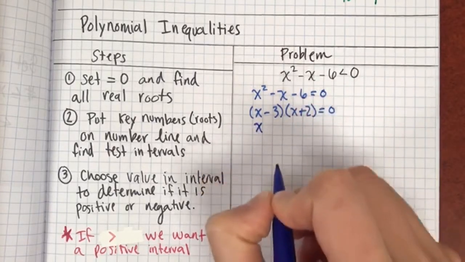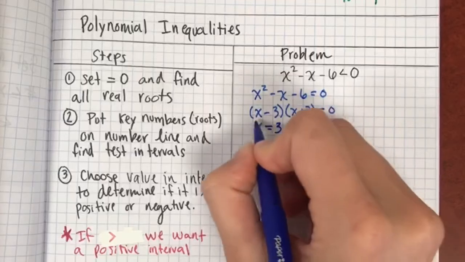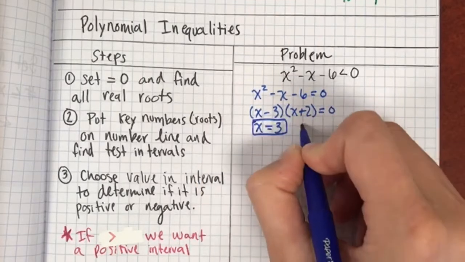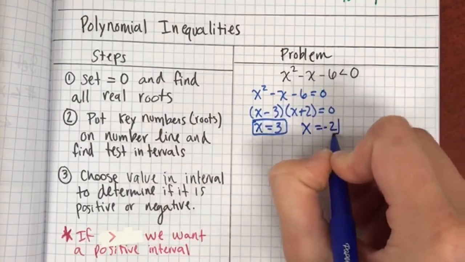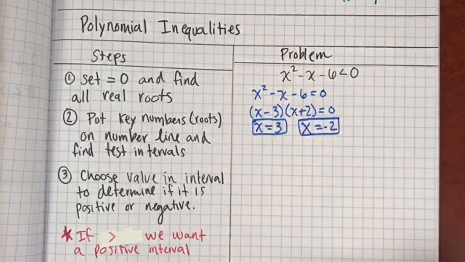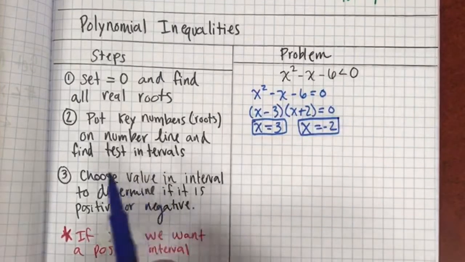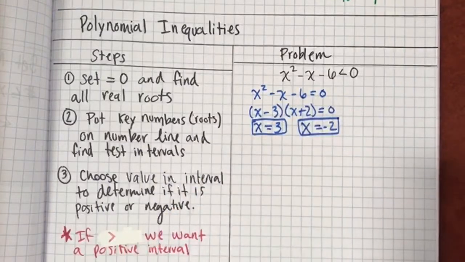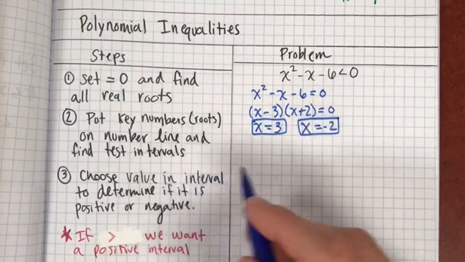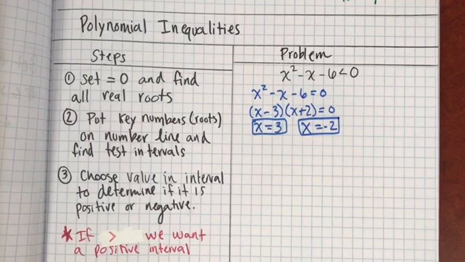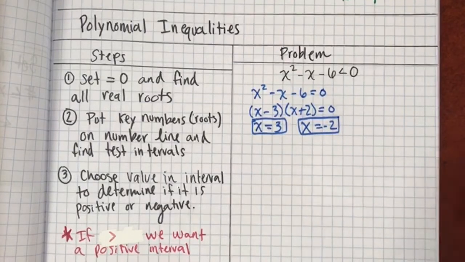So when I set each factor equal to 0, I know x equals 3 and x equals negative 2. All right, those are our key numbers, our roots. So we're going to put them on the number line and find test intervals.